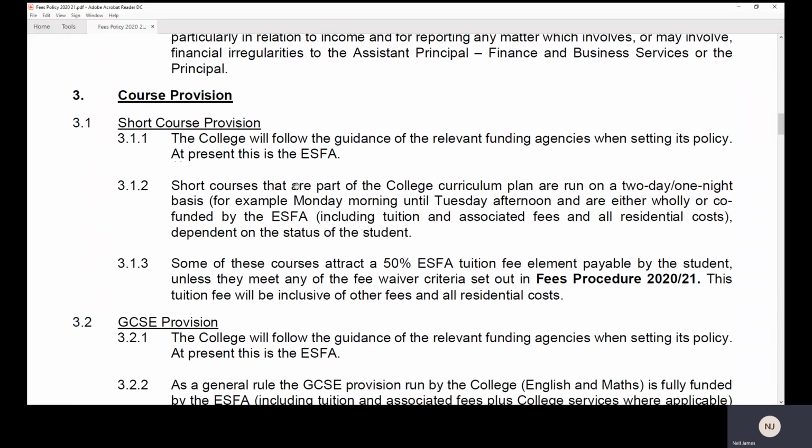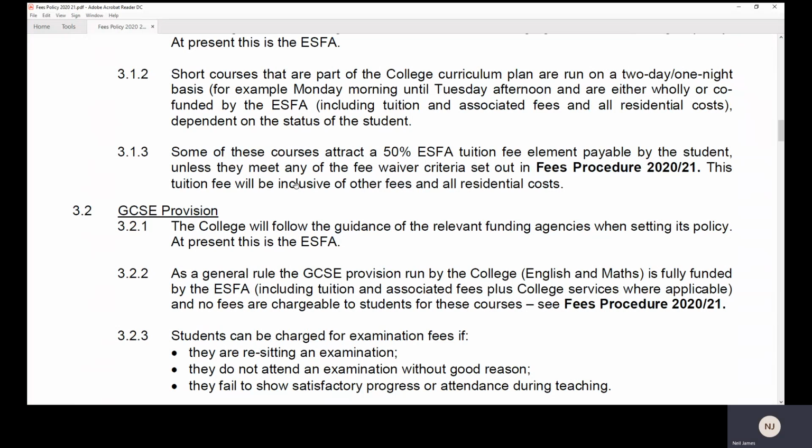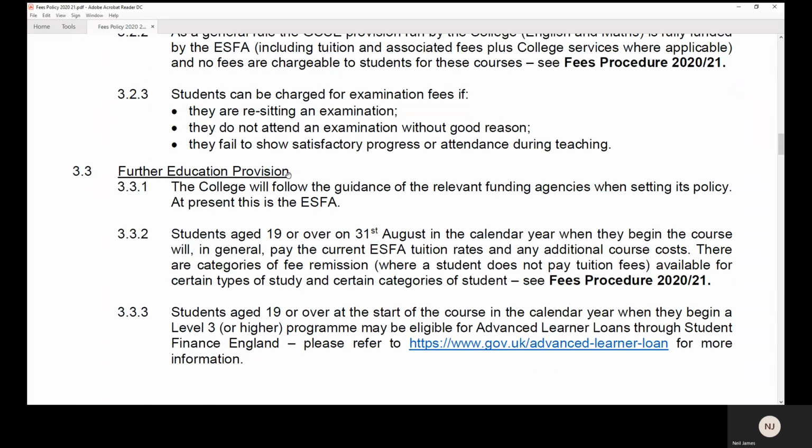This sets out the different types of course provision at the college and how fees apply and will be charged to each type of provision, for example FE, HE, TU provision, etc.